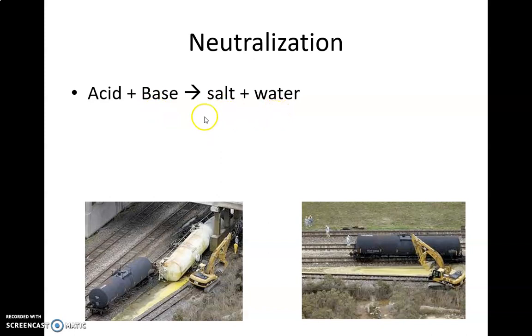And so what's nice is that if we do have something like, say, an acid spill, like, say, a train falls off the tracks and you have this stuff that's fallen on the ground, instead of getting a digger in to come and dig up all of the soil that's now been contaminated, what we can do is we can take a base that's of equal concentration but opposite on the pH scale, and it will actually bring the pH levels back to neutral. And so it's sort of a natural way where we can take harmful substances, use other harmful substances to create harmless substances in the environment, and so that really helps.